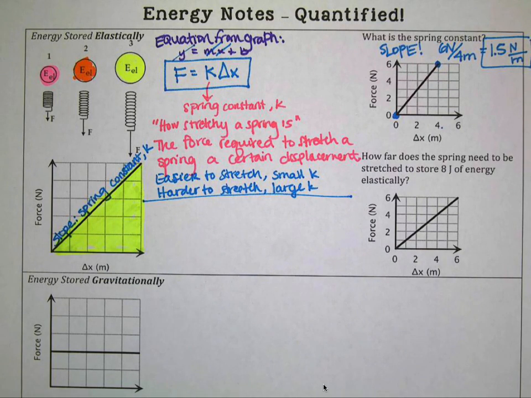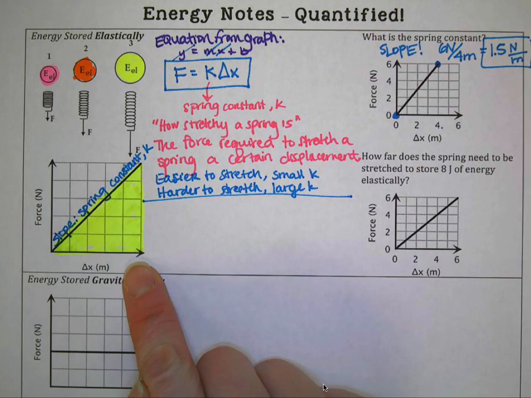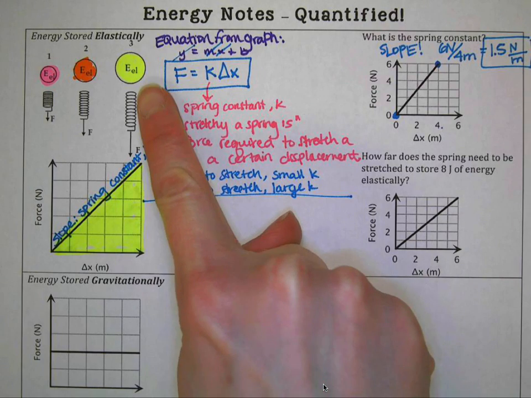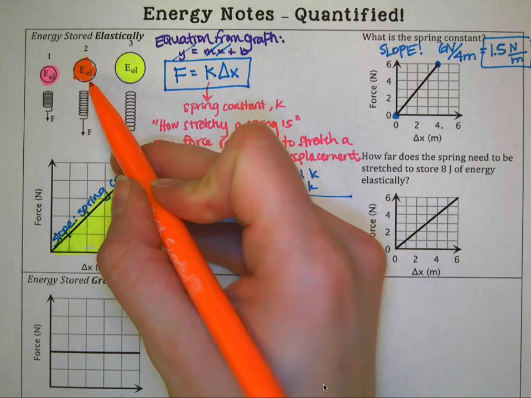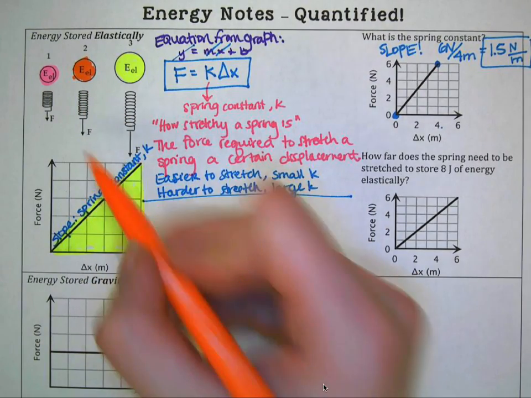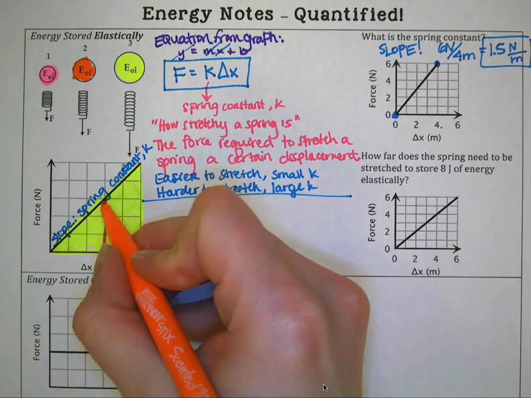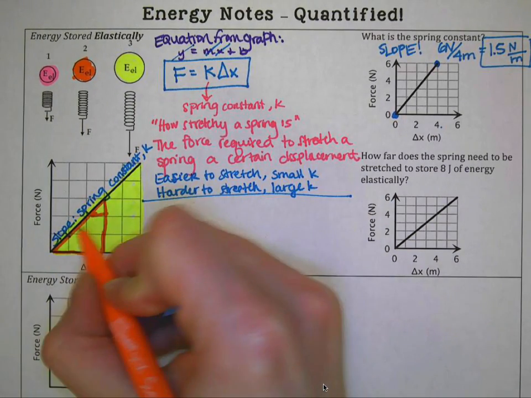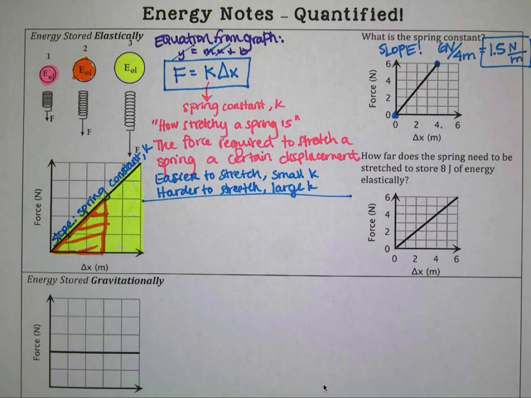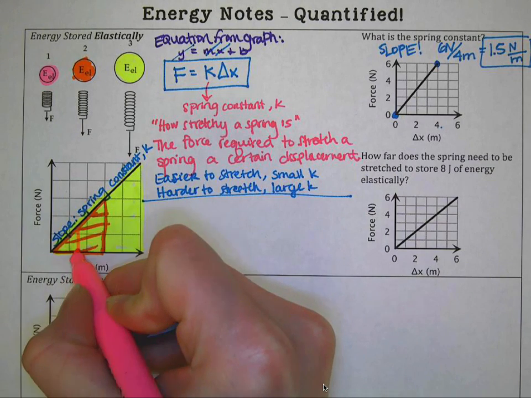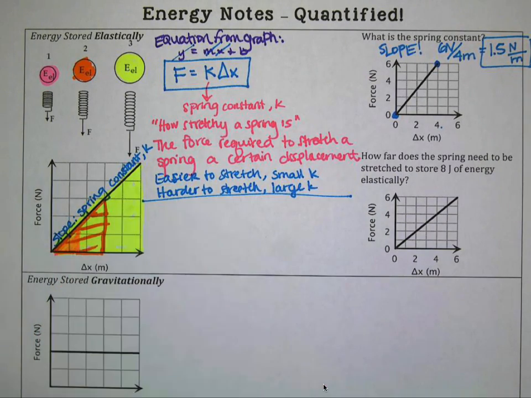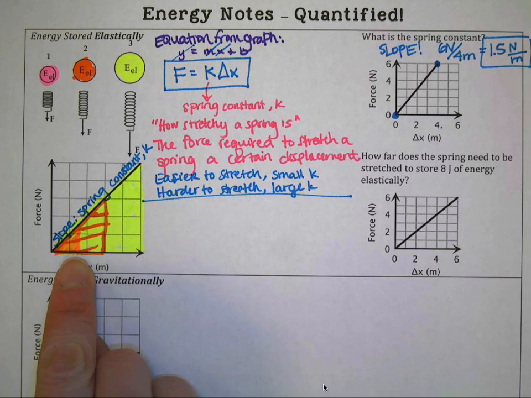So if I have the spring stretched the full amount, I see a great deal of energy here, and the area under the graph is a large quantity as well. If I were to compare this to the orange pie chart from our middle example, perhaps that correlates to the area under that portion. And even more so if I'm looking at the smallest pie chart here, the smallest displacement, that would be perhaps an even smaller area.